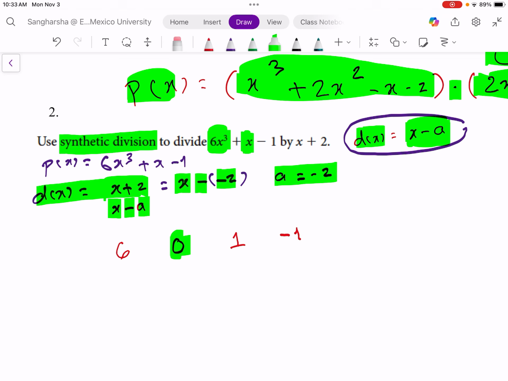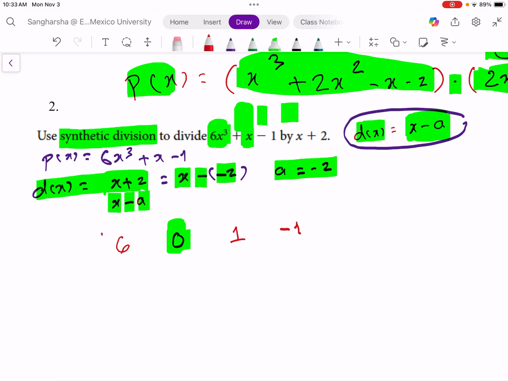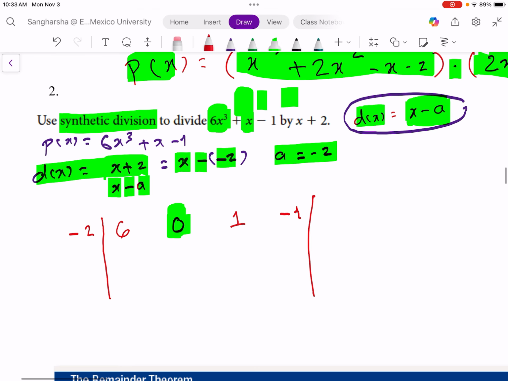In the descending order, we must have a square term, x term, and a constant. But our square term is missing, and because of that, we have 0 here. And we are dividing these coefficients by our a, which is -2.